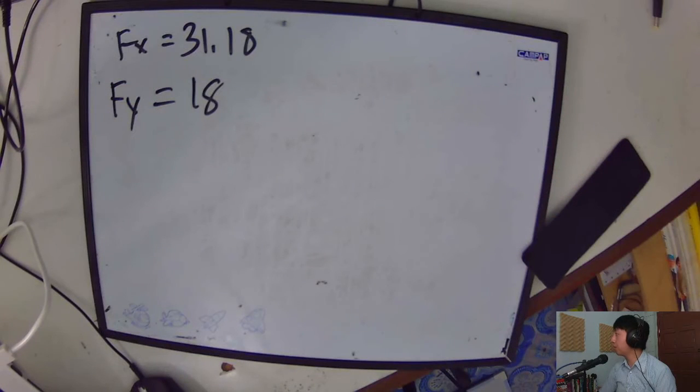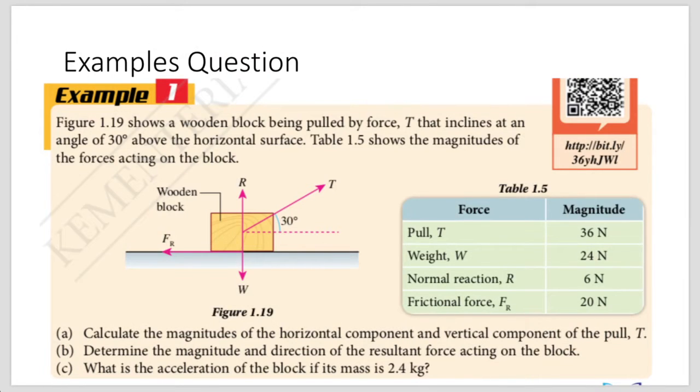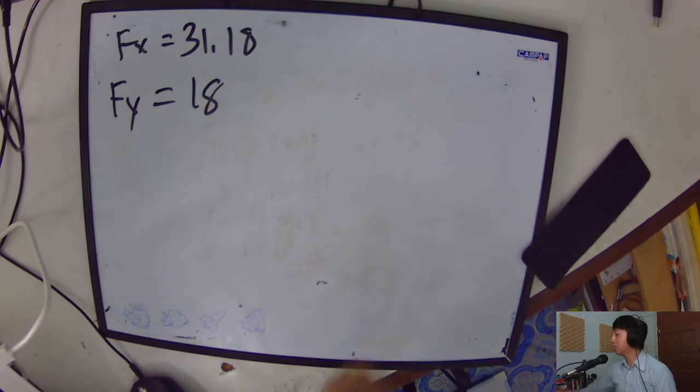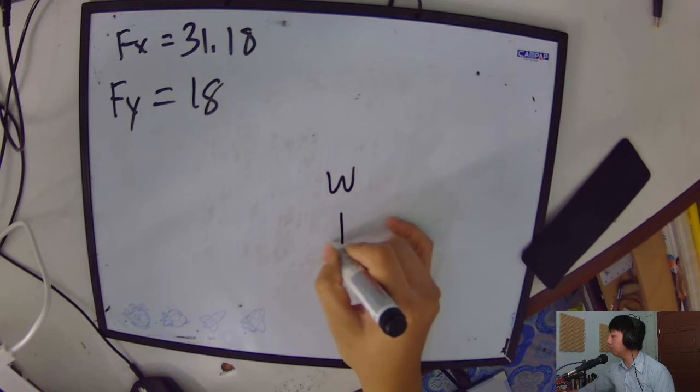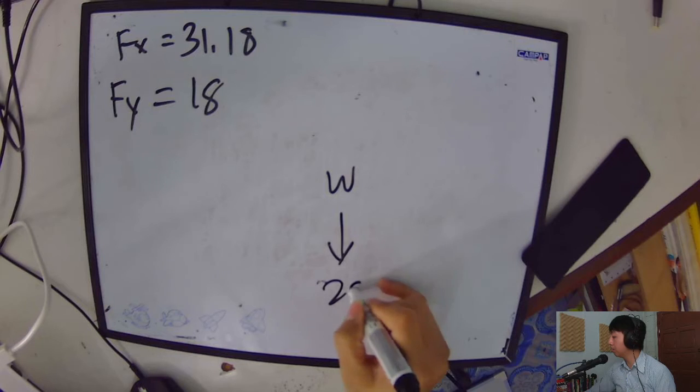So the information that we already have is the horizontal pull and the vertical pull, Fx and Fy. Now determine the magnitude of the resultant force acting on the block. So we have several forces working here. We have weight, which is going down at 24.